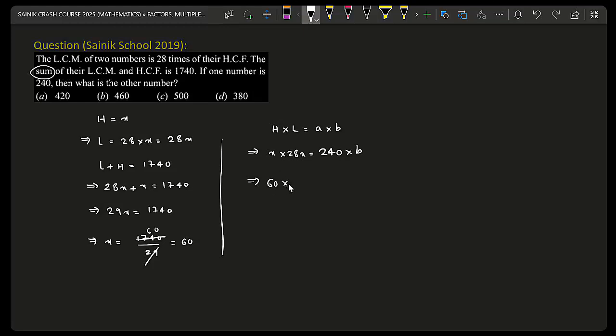So 60 into 28x, it's nothing but 28 into x. So I can write 60 into 28 into 60 equals 240 into B. I want the B value, so 240 we can transpose to the other side. Now we can do cuttings. 0, 0 cancel. 6 ones, 6 fours. 4 sevens are 28. 7 into 6 is 42, and we can put 0, so 420.